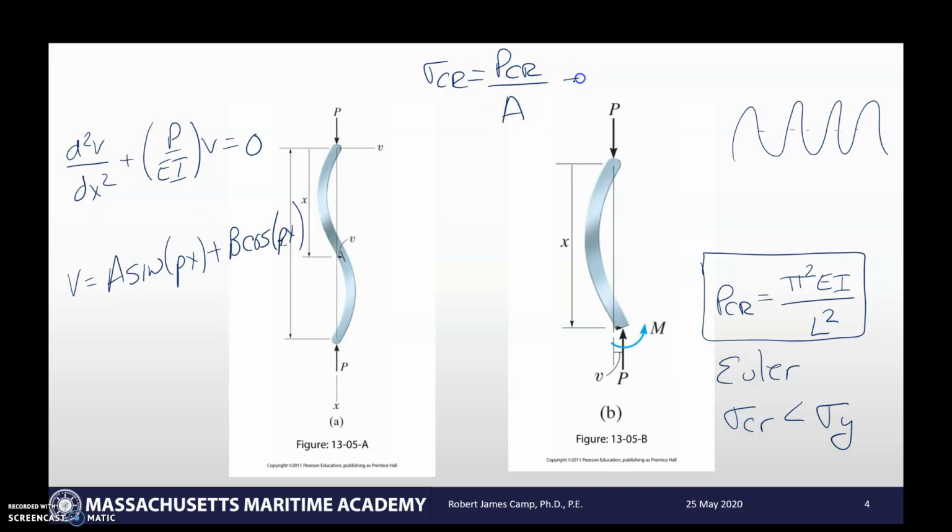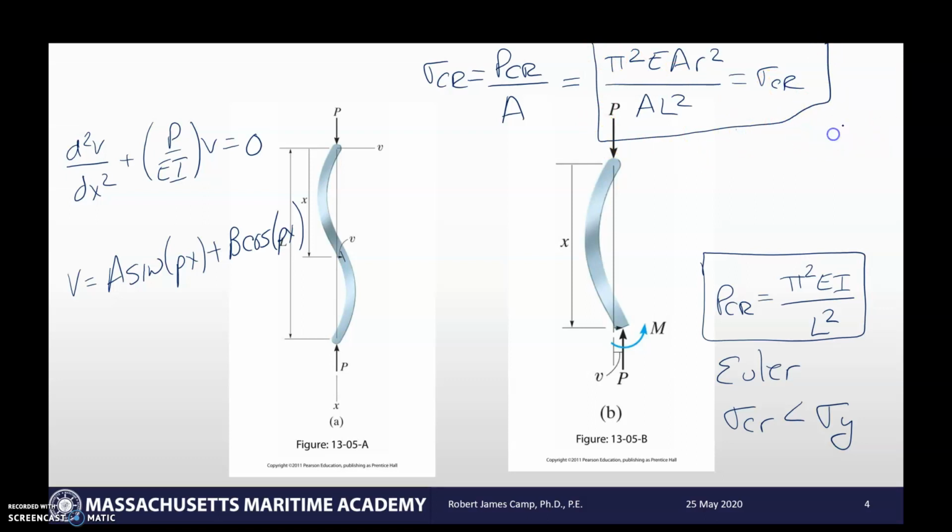And so if I plug all that stuff in, what I end up with is pi squared times E times A R squared, and I'll explain that R in a second, over A L squared. And so this would be critical stress. You could solve it from this equation, but I wouldn't. I would just take your critical load and divide it by the area.